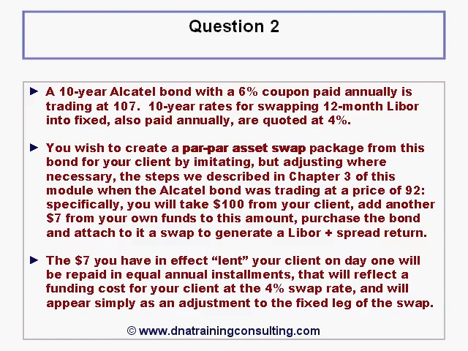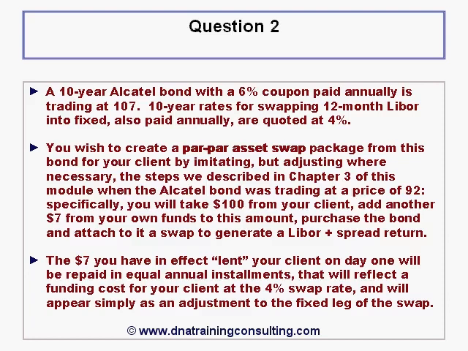You wish to create a par-in, par-out asset swap package out of this bond for your client by imitating but adjusting where necessary the steps we described in Chapter 3 of this module when the Alcatel bond was trading at a price of 92.